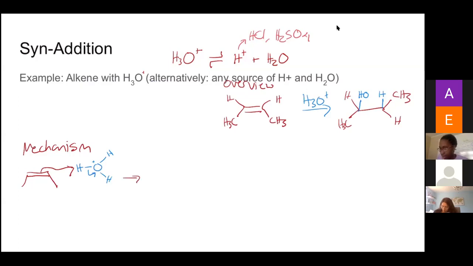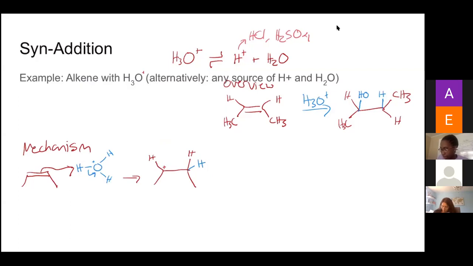Now, when this occurs, we create a carbocation intermediate. I'll go ahead and draw in all the hydrogens this time to make things really clear. So this is our intermediate right here.